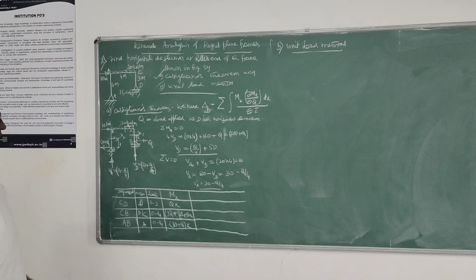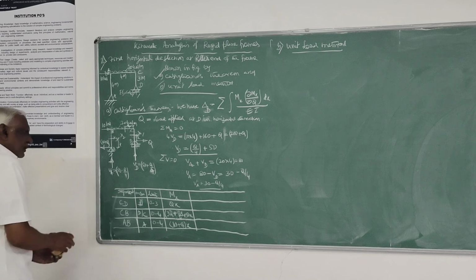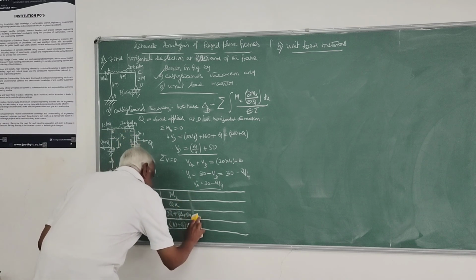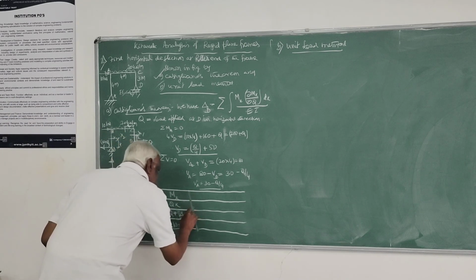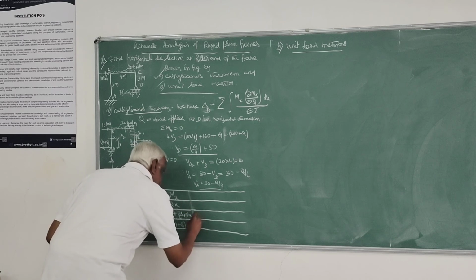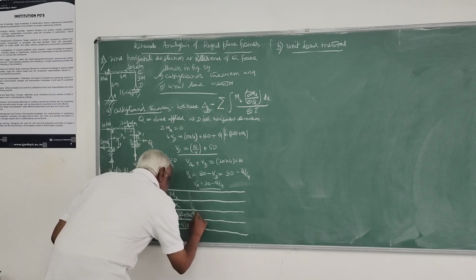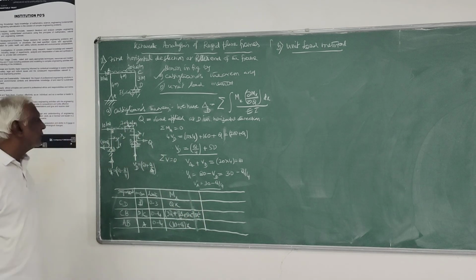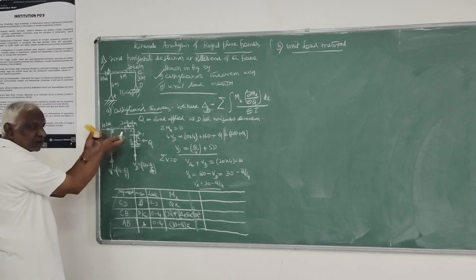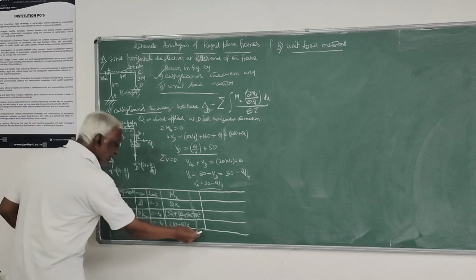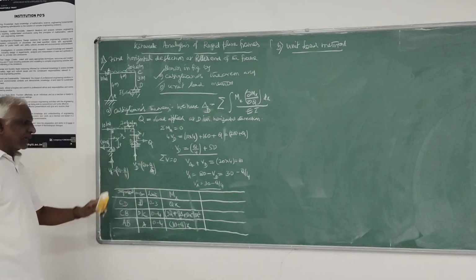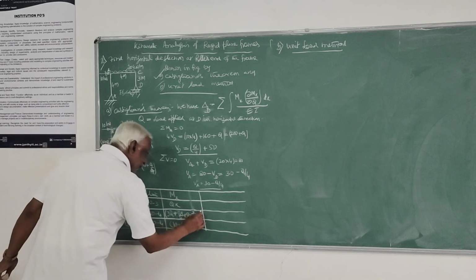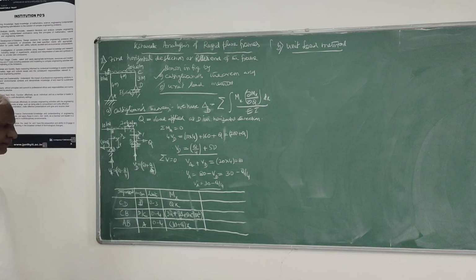Correct? Then 20 into x into x by 2, that is 20x squared by 2, that is 10x squared. That is hogging moment, so I have to take minus 10x squared, because that is hogging outside. So this is our Mx for all the 3 sections or segments.